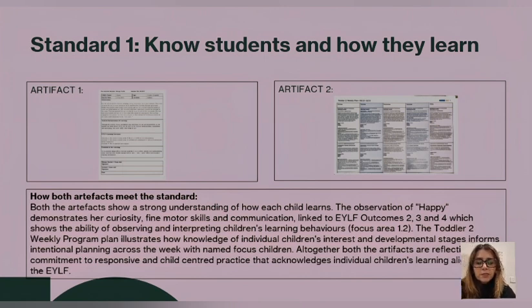The observation of the focused child shows all the skills that she developed during her outdoor play experience, how those skills align with EYLF and the outcomes achieved. This artifact is a great example to show how educators often develop an understanding of children in an early childhood setting.